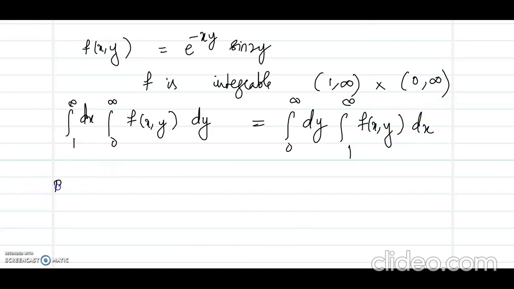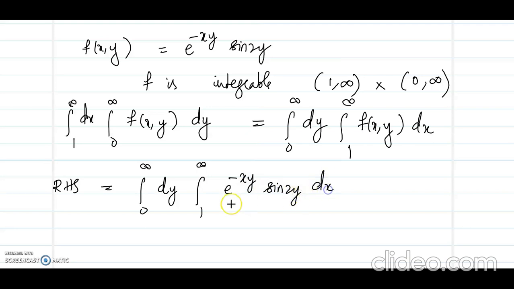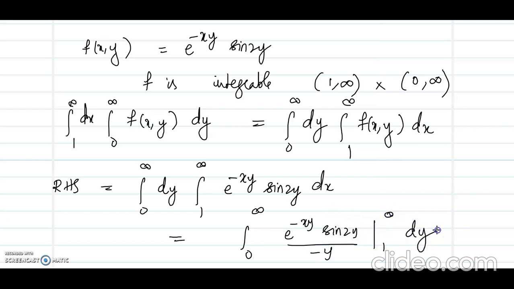Now let us first take RHS. RHS will be the integral from 0 to infinity dy of the integral from 1 to infinity of e power minus xy sin 2y dx. So upon integrating with respect to x, we will get e power minus xy sin 2y by minus y, from 1 to infinity, then we will have dy.